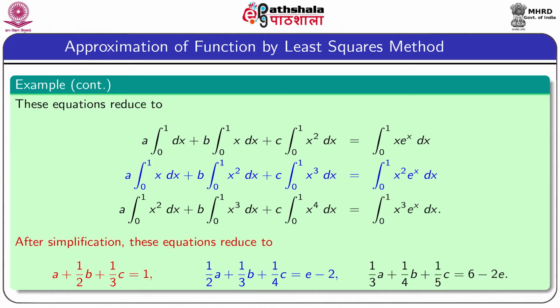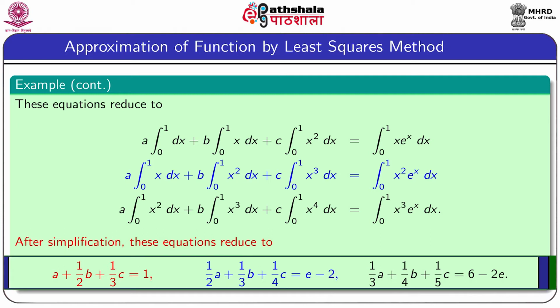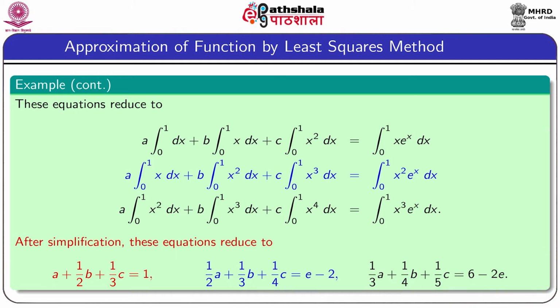After simplification, the first normal equation reduces to a + (1/2)b + (1/3)c = 1. The second normal equation becomes (1/2)a + (1/3)b + (1/4)c = e − 2.